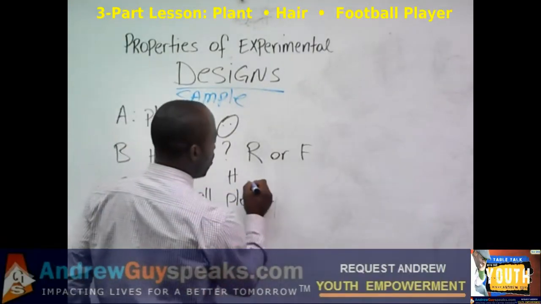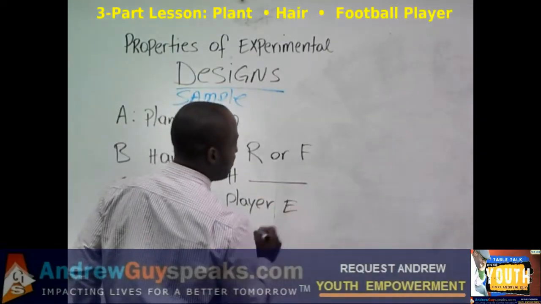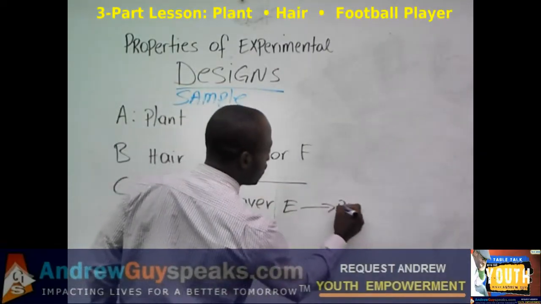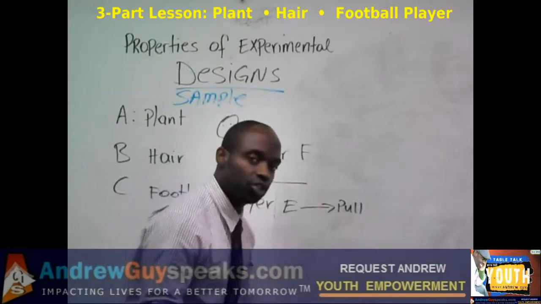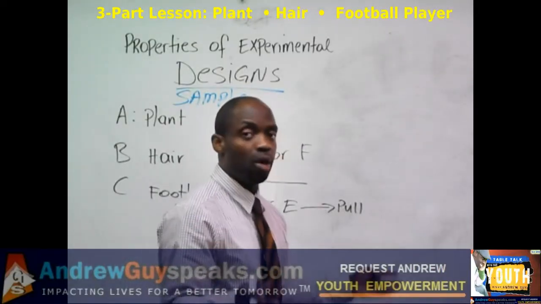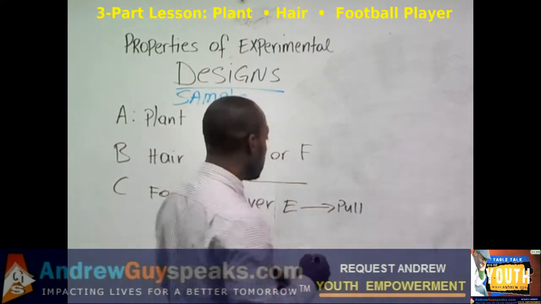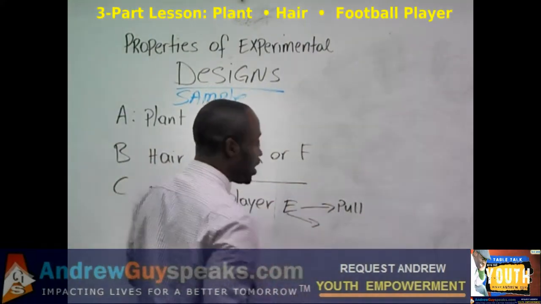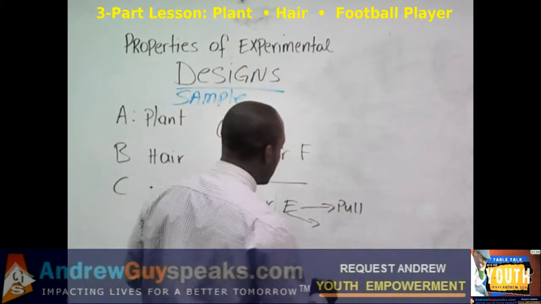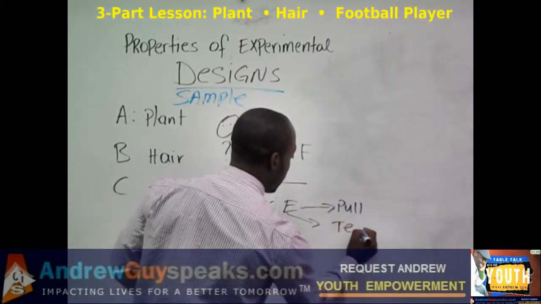Now, what are we going to do? We can pull on it. Of course, you don't want to do that, okay? Because most ladies do not want you yanking on the hair. So let's figure out another way. Well, we can look at the texture of it. We can analyze the texture.